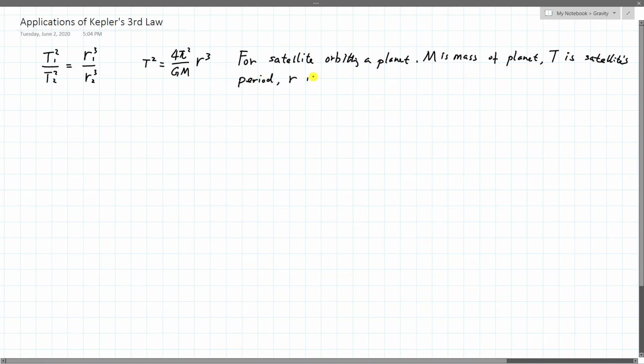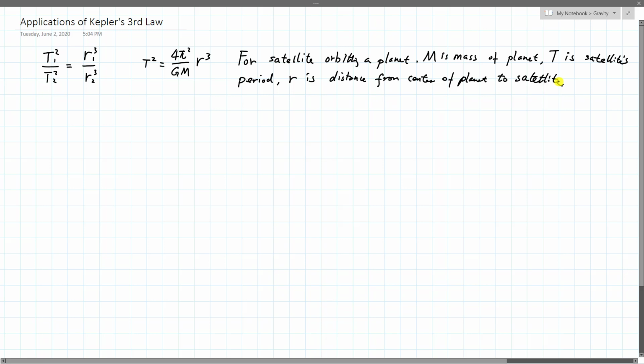And this r is the distance from the center of the planet to the satellite. So this works the same way between a planet and the Sun, or a planet and its own star.